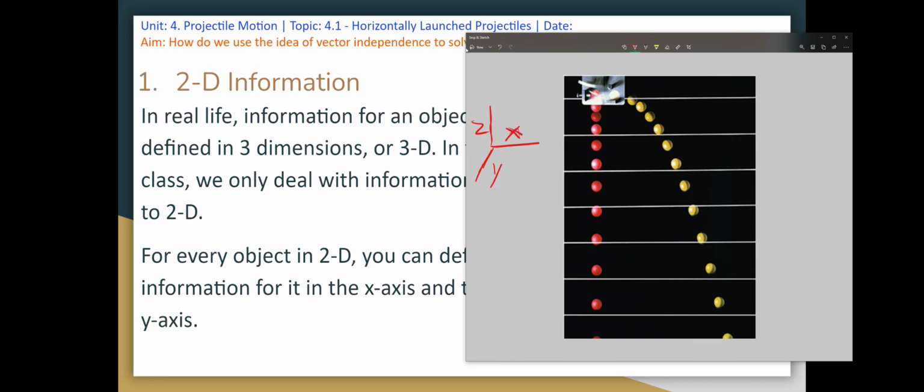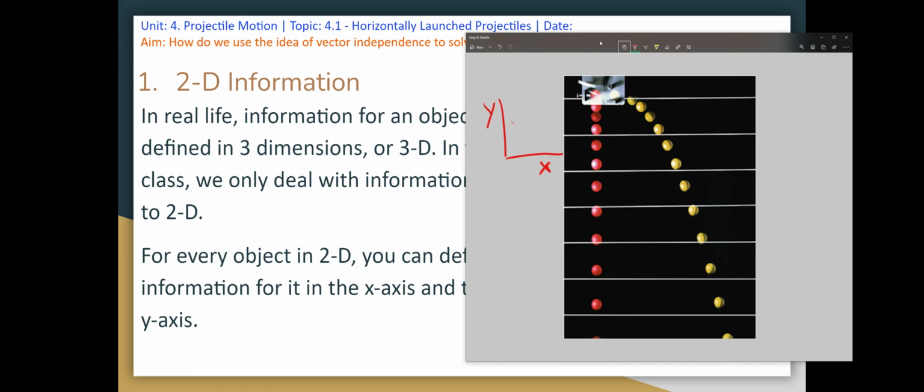So 3 positions in space give us 3D. We don't really go too far into 3D in physics. We actually never touch 3D at all in high school physics. The most we go up to is 2D, right? So this would be a 2D. There's a y there and an x there, so this would be something in 2 dimensions.